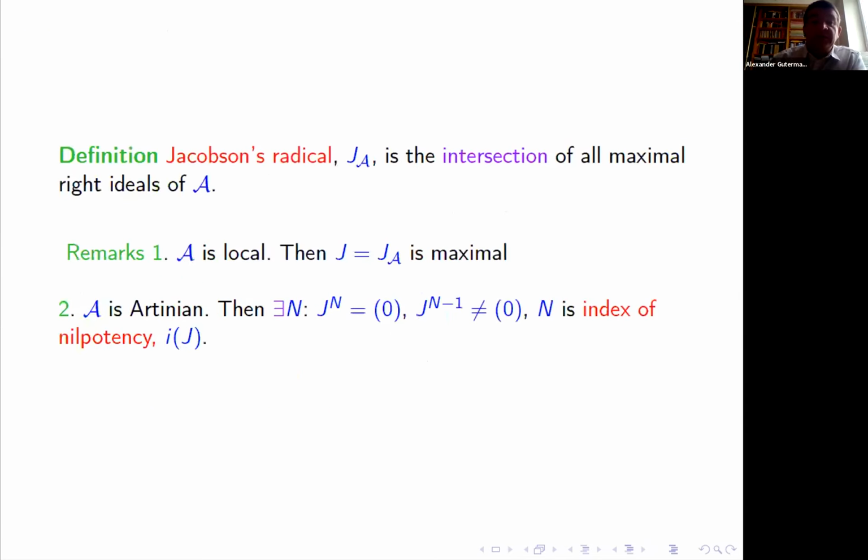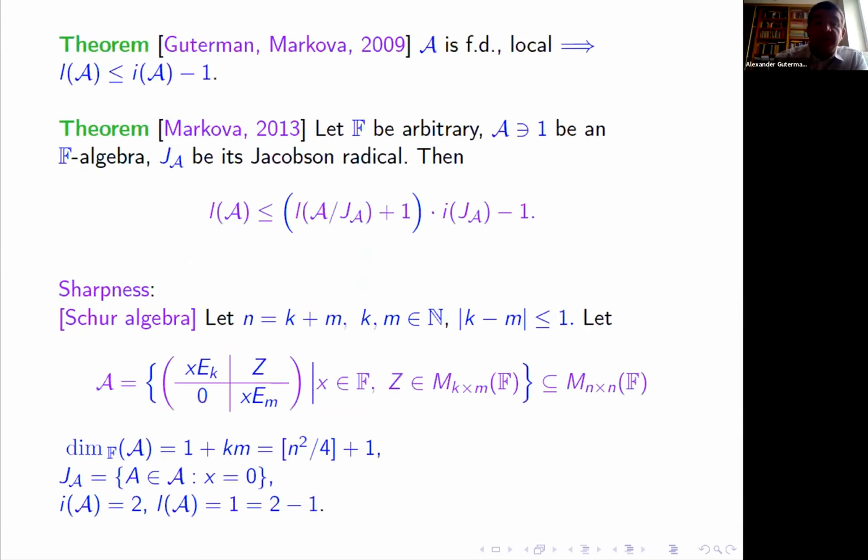And it turns out that for local rings, using the nilpotency index of the radical, which is IA here, we could bound the lengths.